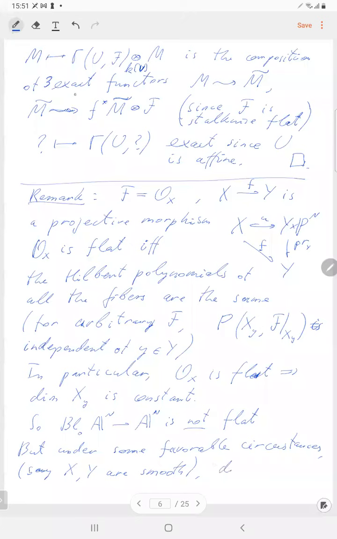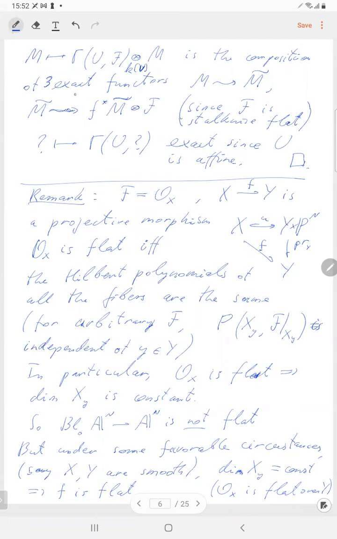So if all the fibers have the same dimension, independent of small y, this implies that f is flat, in other words, O_X is flat over Y. It seems much more rough, but in fact, just this suffices.